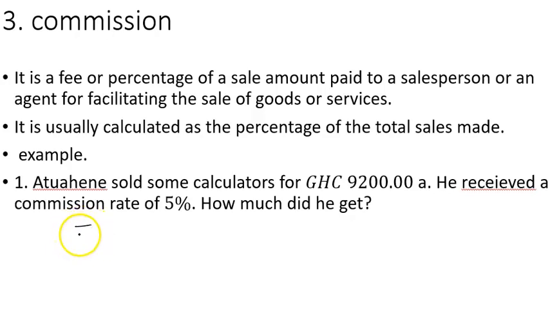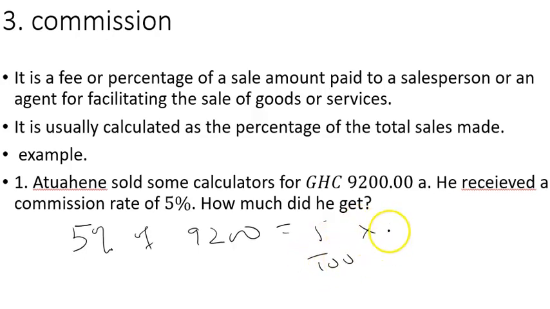So it means that you're going to get 5% of the 9,200, which is equal to 5 over 100 times 9,200. When you press this, you get 460 Ghana cedis. It means that you get 460 Ghana cedis as commission for the calculators that you sold. Very nice question.